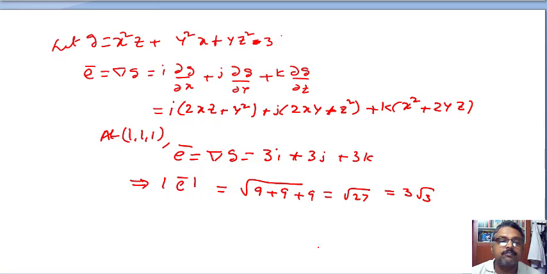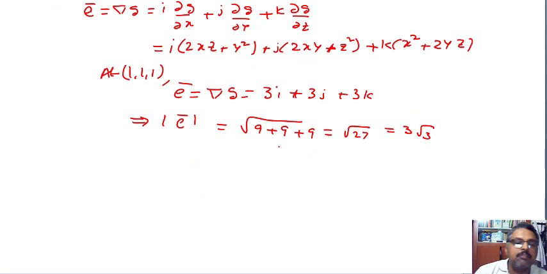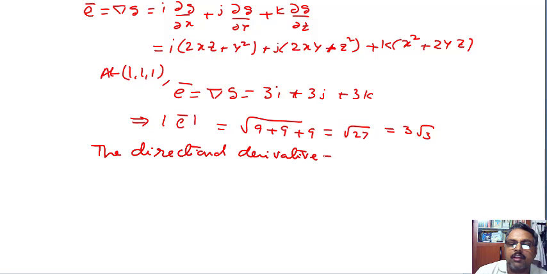What is the directional derivative formula? Directional derivative equals del phi dot E bar divided by mod E bar.